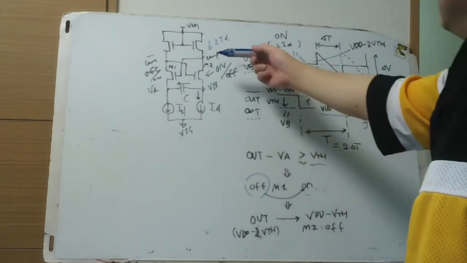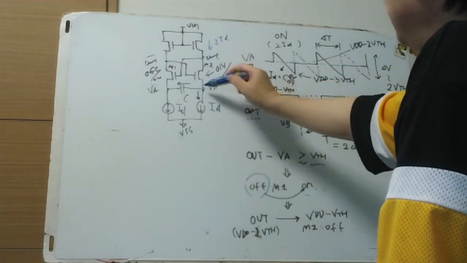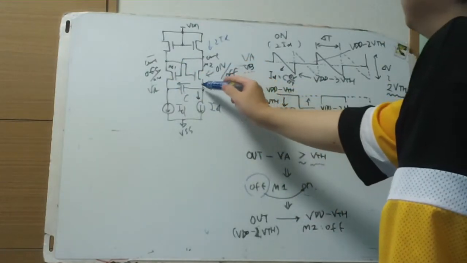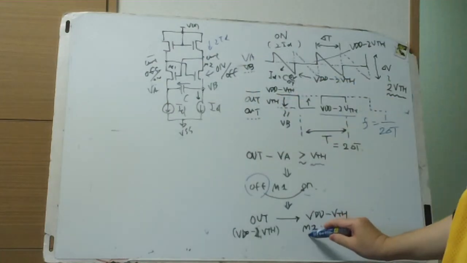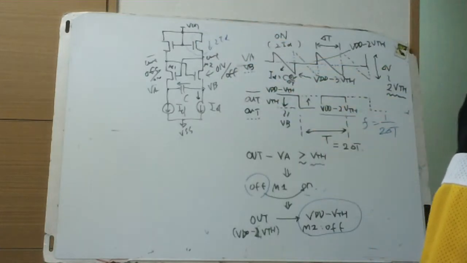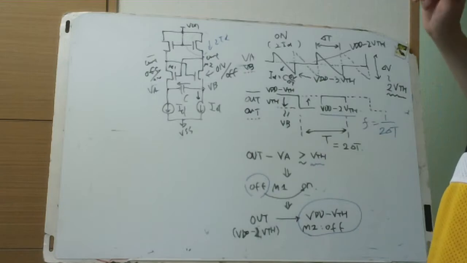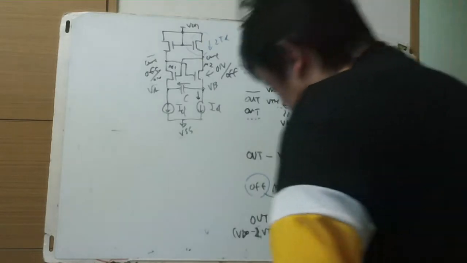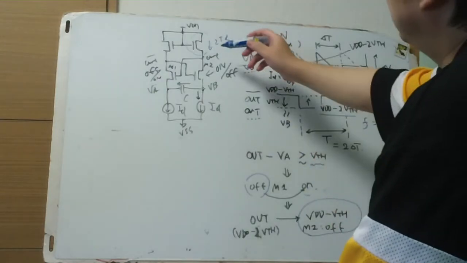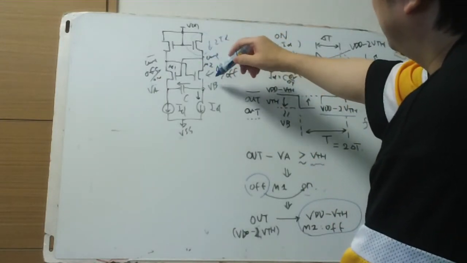M2 changes to off and M1 is on because of this, and as M2 goes off, this is going to VDD minus VTH, and the M2 source and channel go to the weak inversion operation area, with very, very small current and almost off.